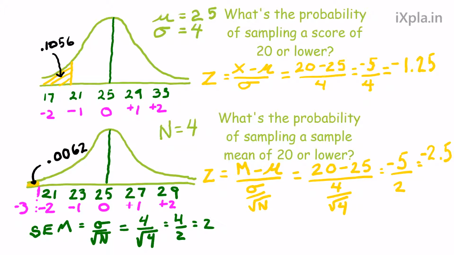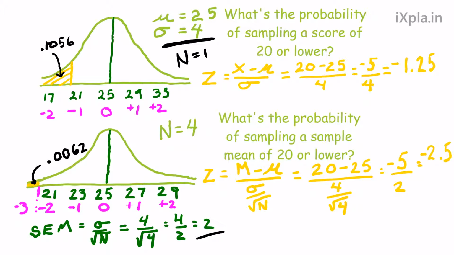Now let's look at what happened here. If you look at the first problem, the standard deviation, the size of the steps, in other words, sampling error, the size of the steps to the left and right was 4. In the second equation, sampling error, the size of the steps, was equal to 2. The top problem is really one where n was 1.